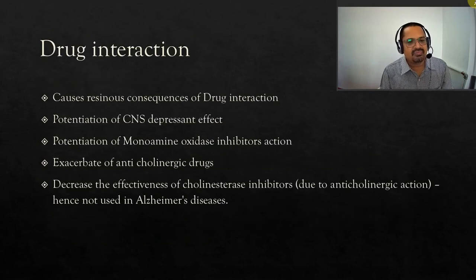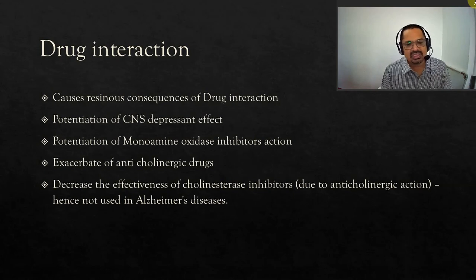Drug interactions happening along with the antihistaminics have consequences. They potentiate the CNS depressant effect, because first generation agents cross the blood-brain barrier, enter the CNS and show drowsiness type of CNS depressant action. So they potentiate the depressant action. They potentiate the MAO inhibitor actions due to action on the liver.